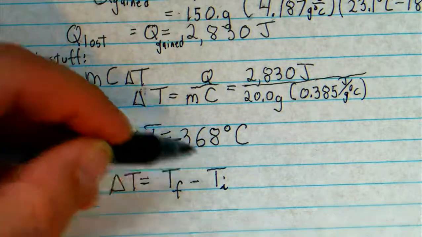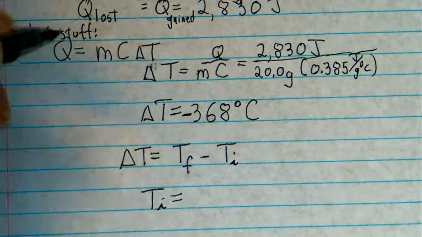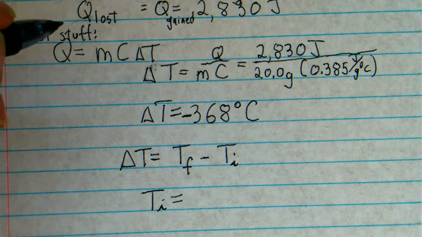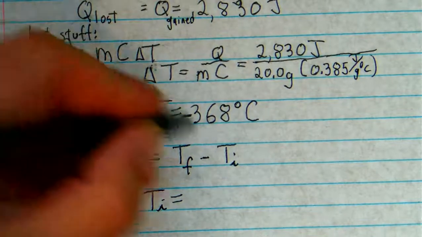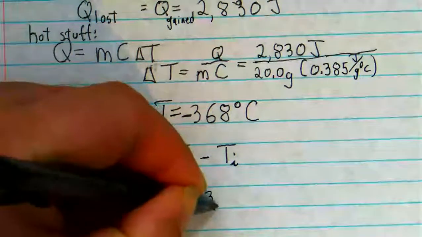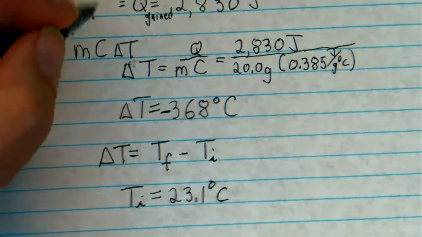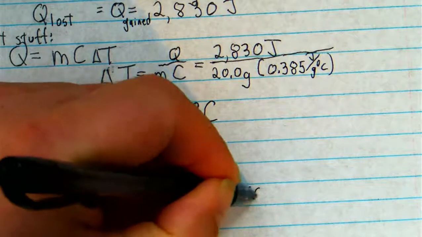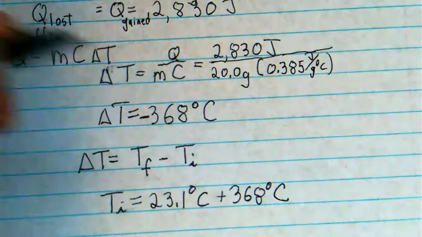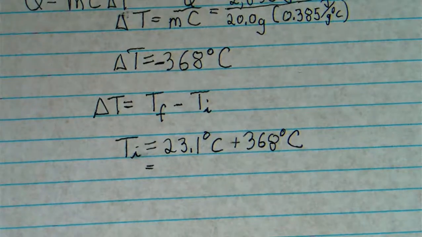Now, to solve for the initial temperature, I'm going to just try to use common sense that says, well, if my final temperature is 23.1 degrees C and my initial temperature was 368 degrees higher, then I should add these two numbers together.